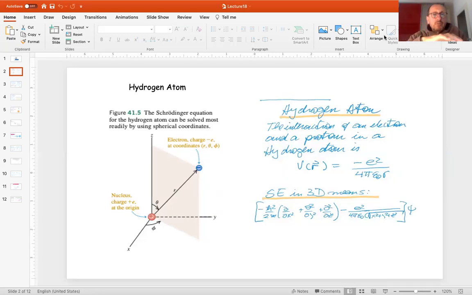What we've been doing before is explaining how you set up an equation that actually makes sense for the physics that we're going to get out of the hydrogen atom. So the hydrogen atom is simply a proton, which is something close to 2,000 times the mass of the electron, sitting in a place, and the electron is moving around.